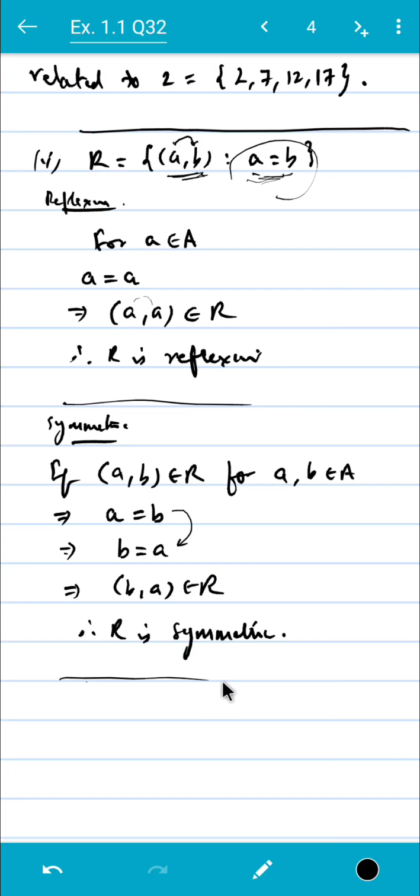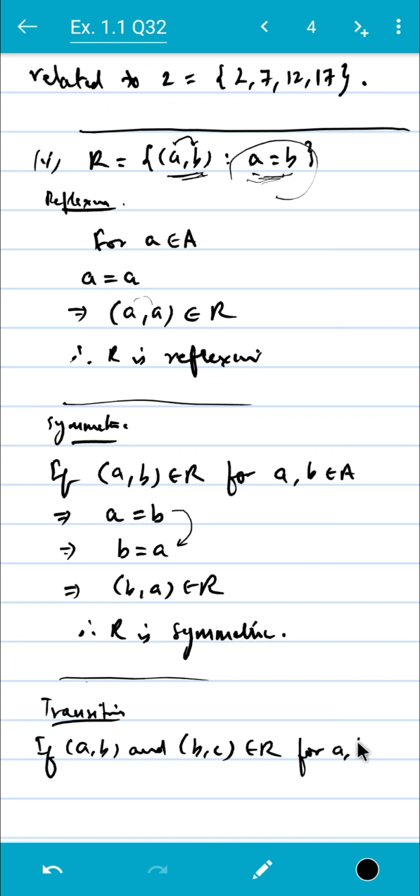Then transitive. So we start with the condition if (a, b) and (b, c) belong to R for a, b, c. So these elements are from the set A. This implies that (a, b) belong to R means that a equals b, and (b, c) belong to R means that b equals c.